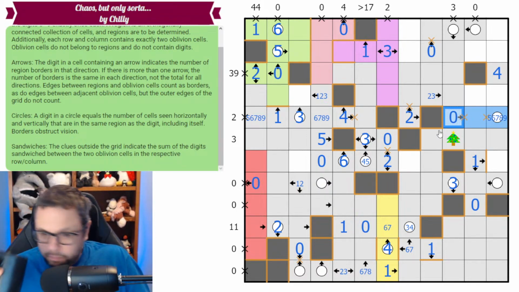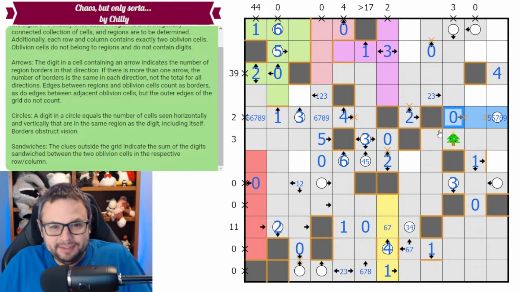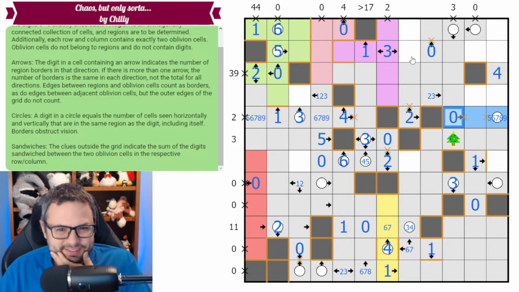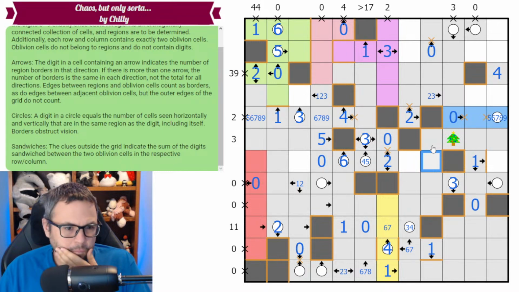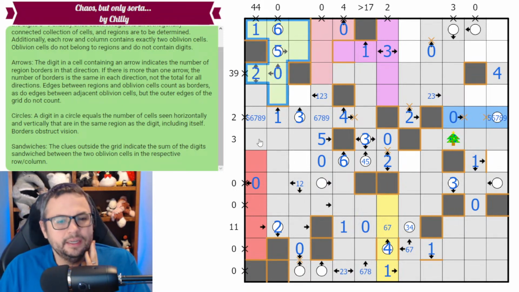Let's see. There's 3 over there. 1, 2, 3, 4, 5, 6, 7, 8.